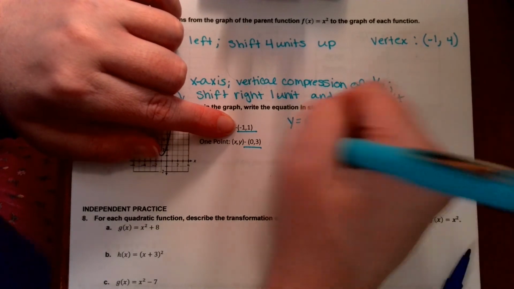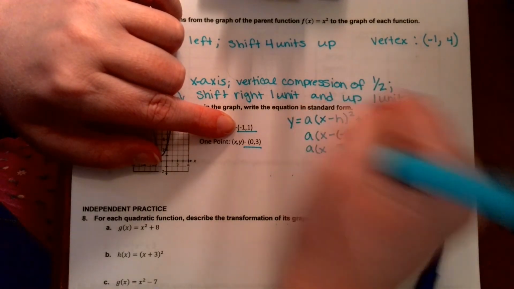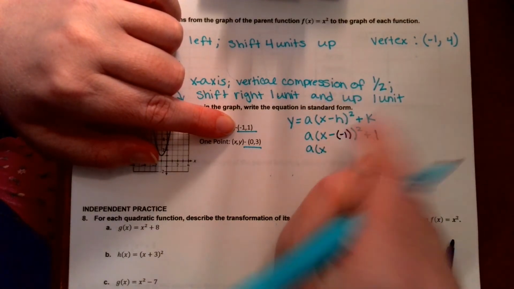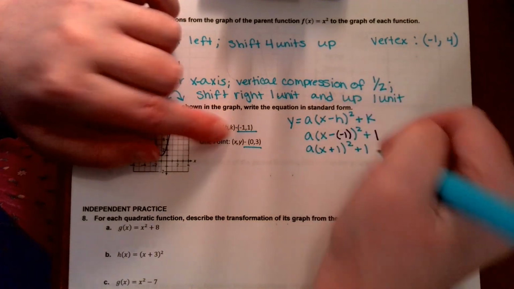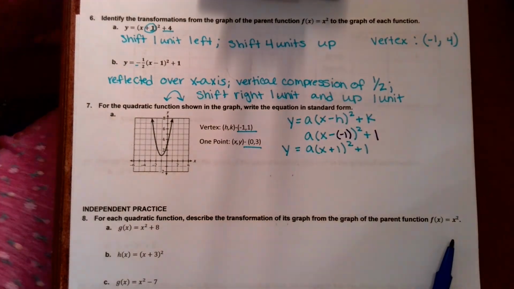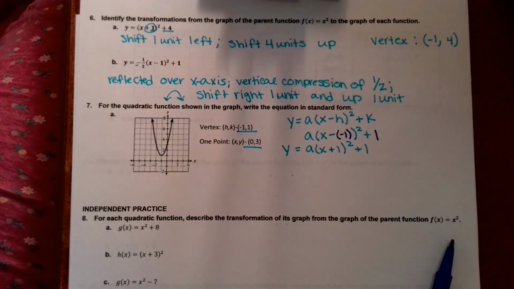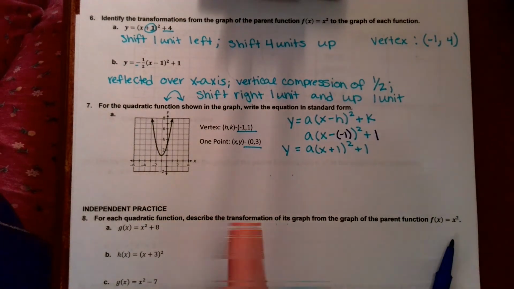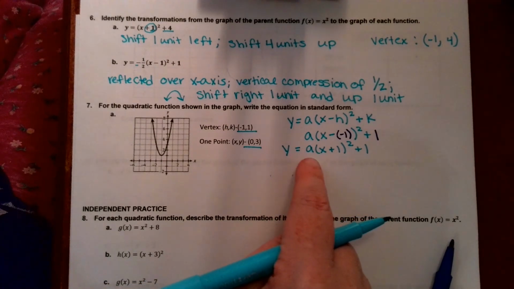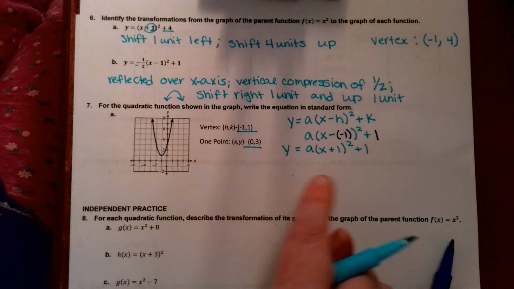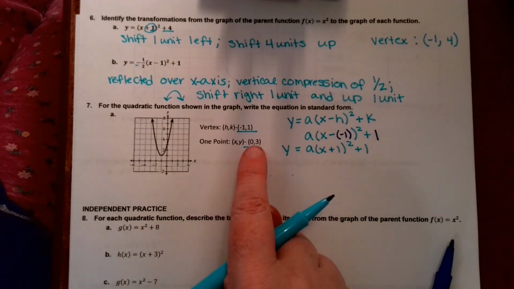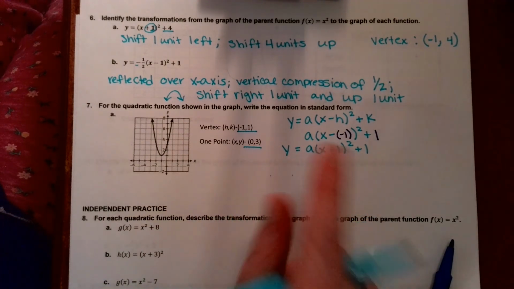And so we have a times (x, negative is positive, so x plus 1) squared plus 1. Okay, which sounds great, but we need to fill that a in. We don't know if there's a stretch or not.